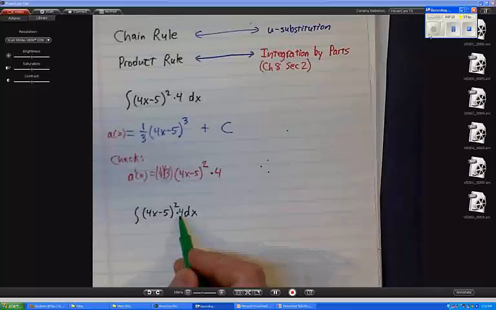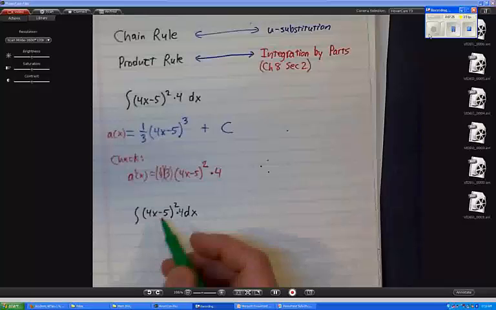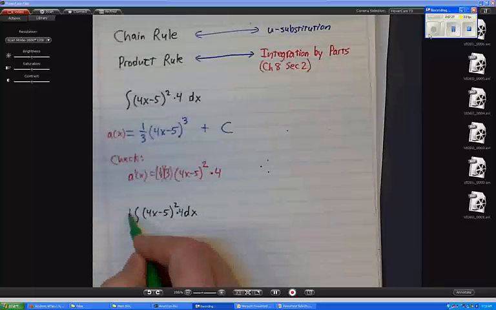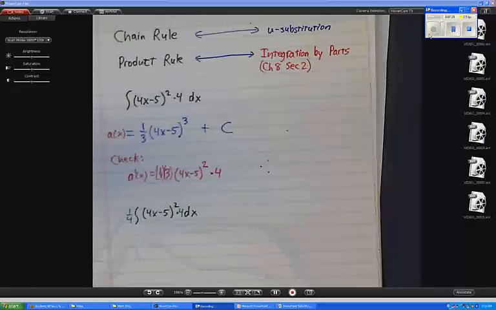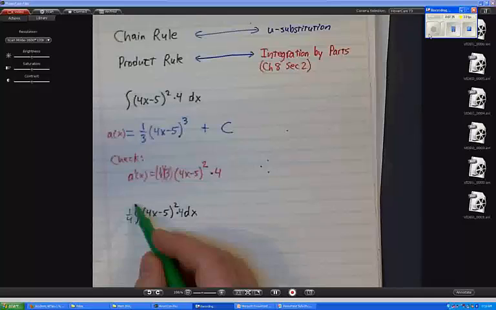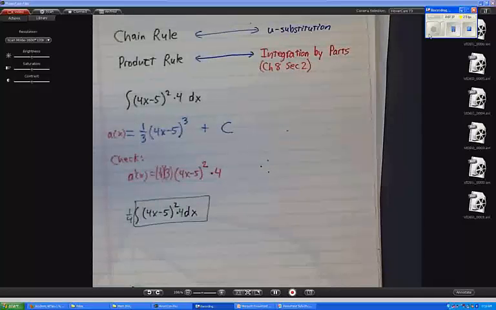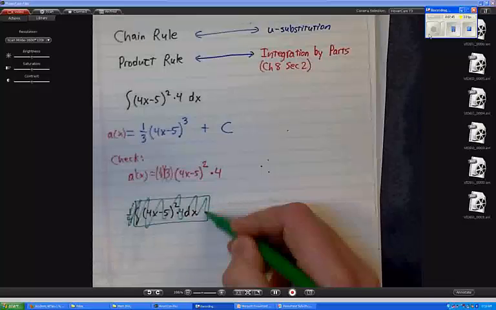So what I would do is multiply by 1/4 on the outside. We'll see this at work in a minute. And then I would work out this answer, but I would have a 1/4 multiplied by what I did for the last problem. Let's get rid of that for now.